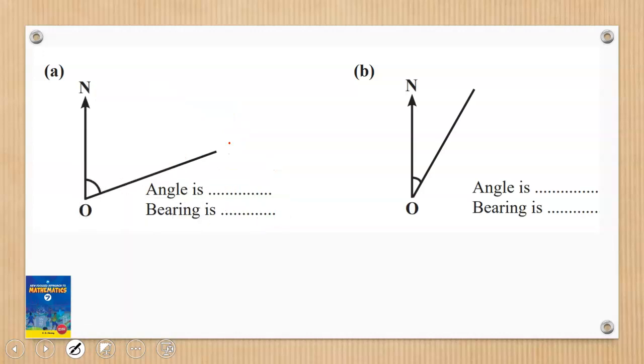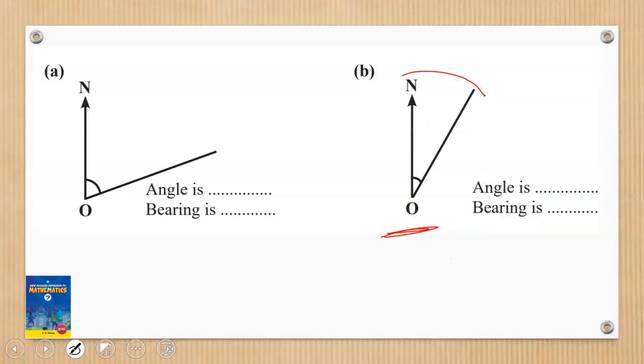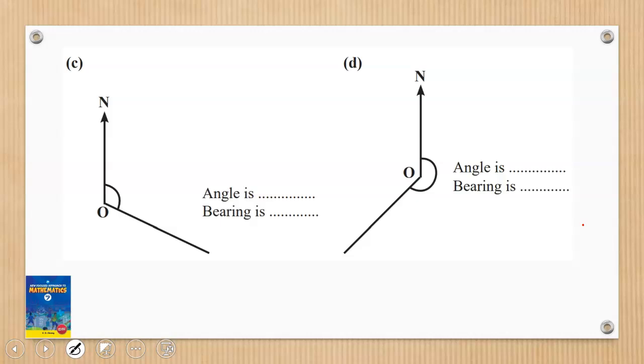Then this one too, that's the P part, we want to measure the angle, and here the angle we have is 30 degrees, and so we write 30 degrees here, but then the bearing becomes 030 as well. Okay, now let's take another angle here.